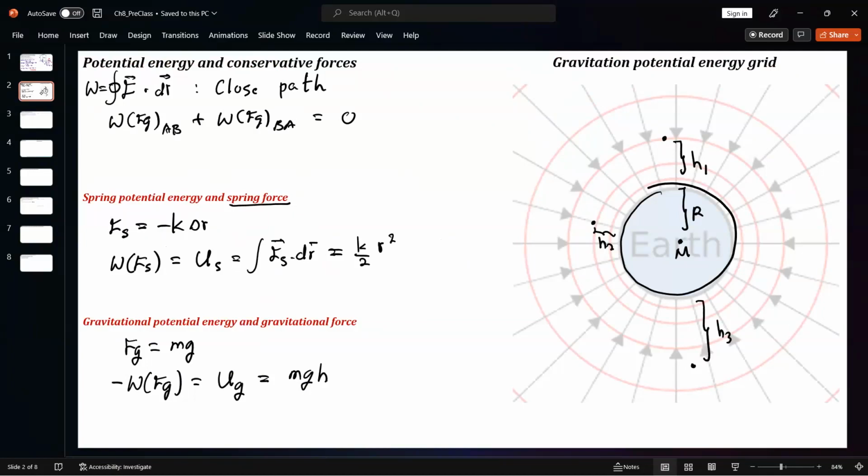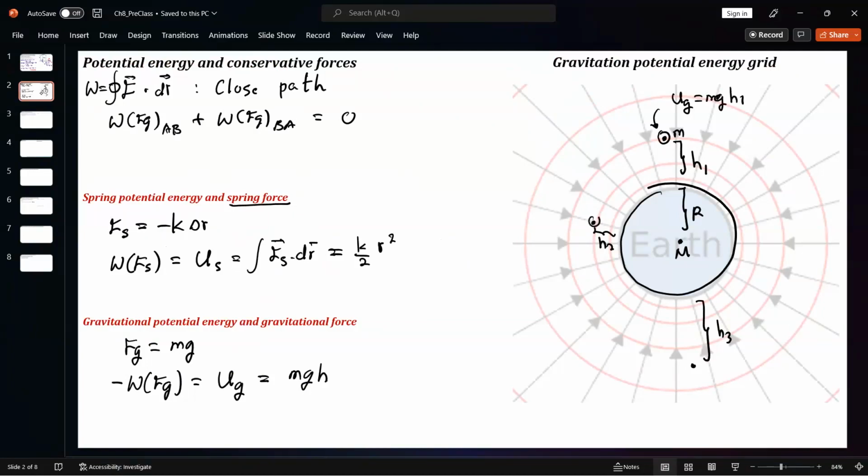Each and every point around the Earth has this gravitational potential energy already, which we call the potential grid, right? We can't see that. We can see it only if I bring another mass into that. Now, let's say I bring a small mass m into that particular point, then that point has a gravitational potential energy of mgh1.